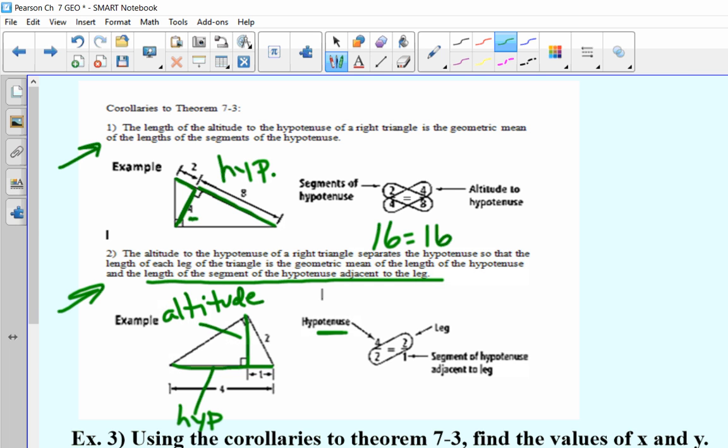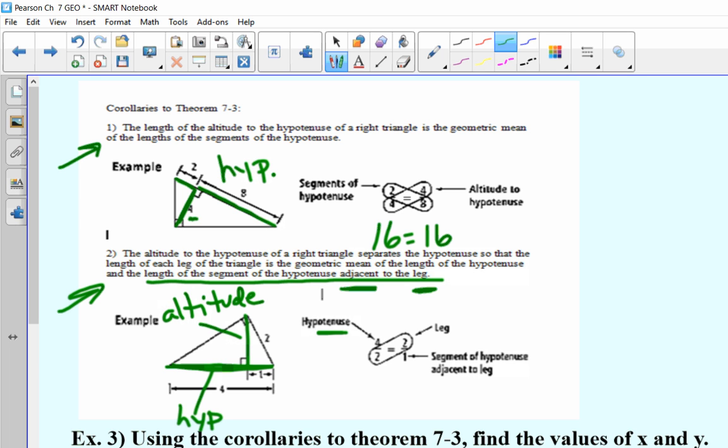Now remember that I've got one side of a right triangle that's got a specific name, hypotenuse. The other two sides of the triangle are called legs. What does adjacent mean? Adjacent means next to. I need some information, so I'm looking for adjacent.